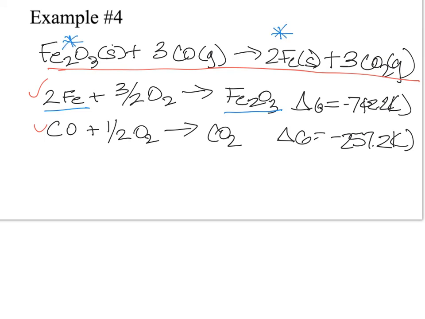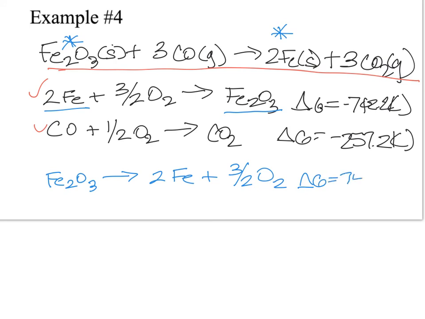So I need to reverse that top reaction. It becomes iron 3 oxide goes to 2 iron plus 3 halves oxygen. And I reverse the reaction, so delta G, all we do is reverse the sign, becomes positive 742.2 kilojoules.